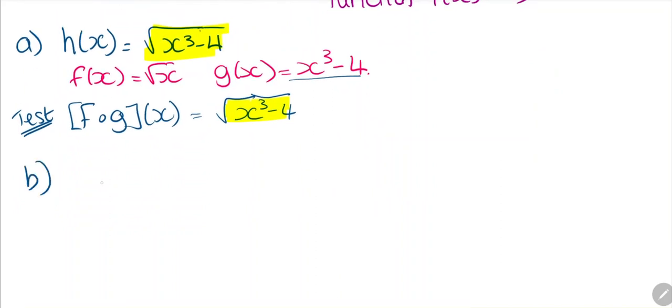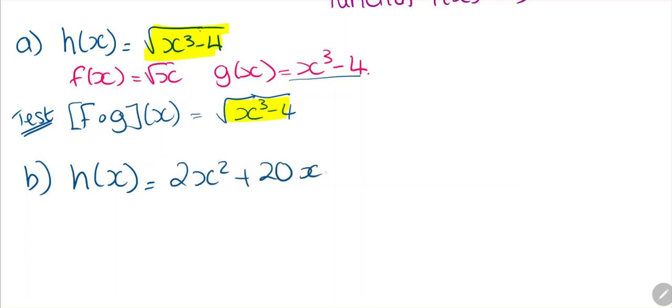So b, this time h of x is 2x squared plus 20x plus 50. So we need to make two functions, f of x and g of x. So we can make our f of x.